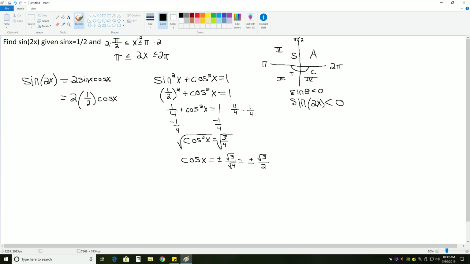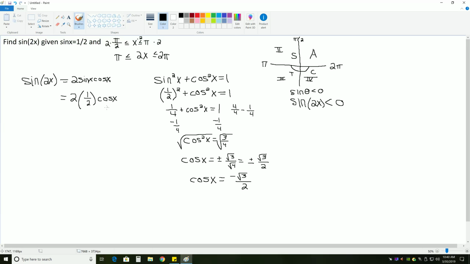So if we check what quadrant we're in, we know that x is in quadrant 2, and cosine of x is negative in that quadrant. So we get cosine of x equals negative root 3 over 2.